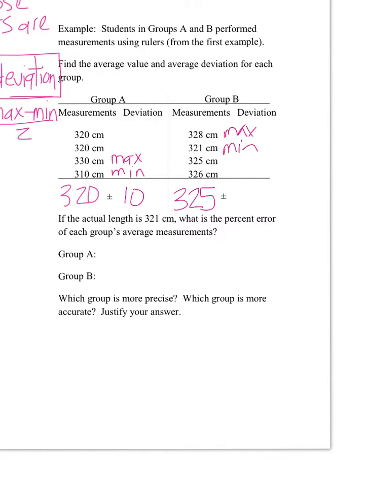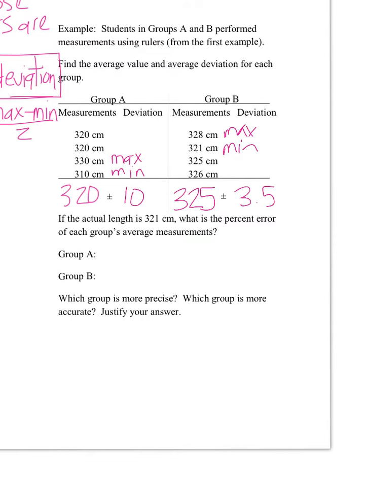Okay, 328 minus 321 is, what is that, 7? Okay, and divided by 2 is 3.5. So 325 plus 3.5 is going to be pretty close to 328. 325 minus 3.5, is that right? Yeah, it's about 321. That seems weird. Okay.